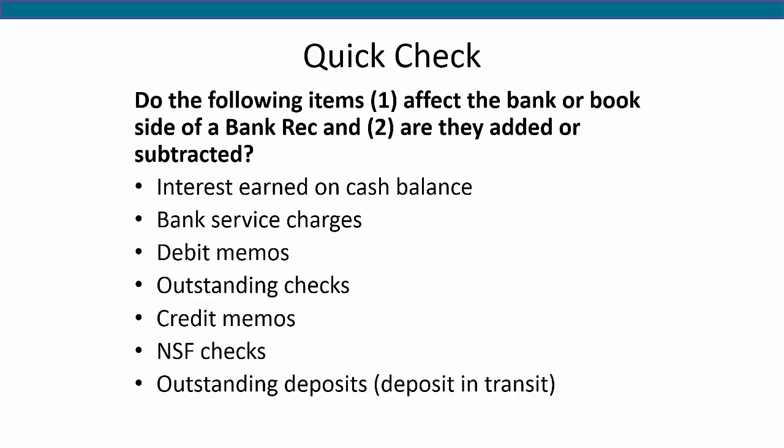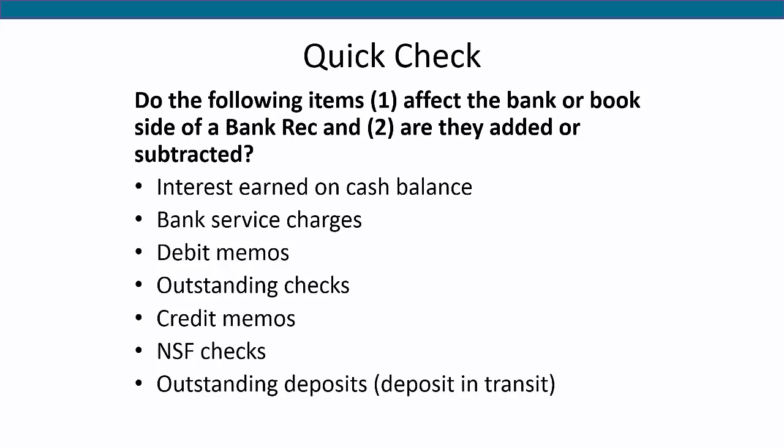Here's another example. Who knows about outstanding checks, the bank or the company? Outstanding checks are checks that were written by the company, recorded in the books, and given to vendors, employees, or other payees. Those checks are still tucked in somebody's pocket or desk drawer. They haven't cleared or reached our bank account yet.